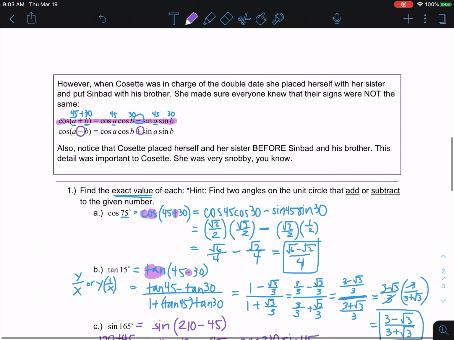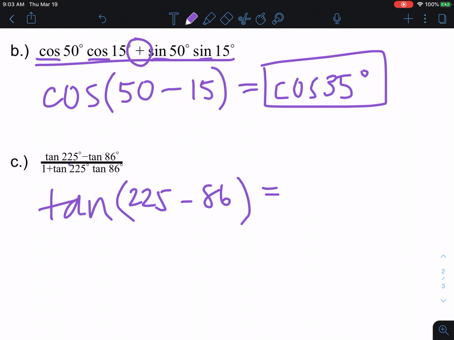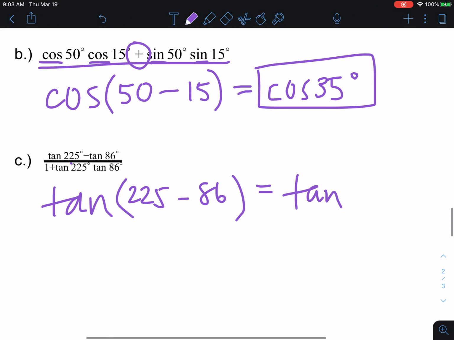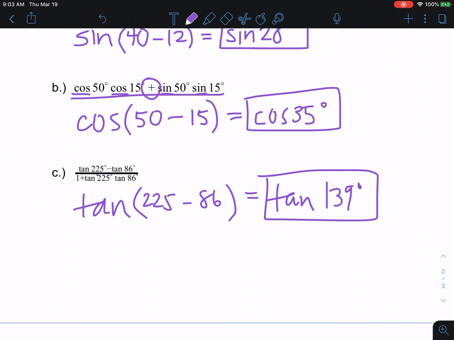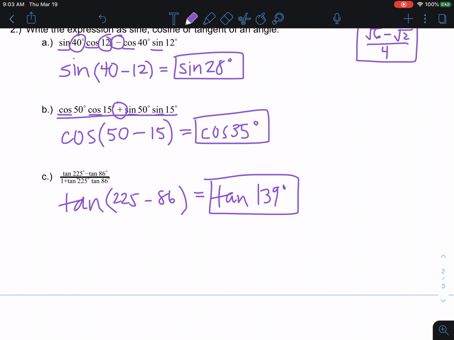The order of the angles always stays the same. So 225 is going to be your A, and then minus 86, which will give us tangent of 139 degrees. Okay. So that's how you write the expression as a single sine, cosine, or tangent of a single angle.